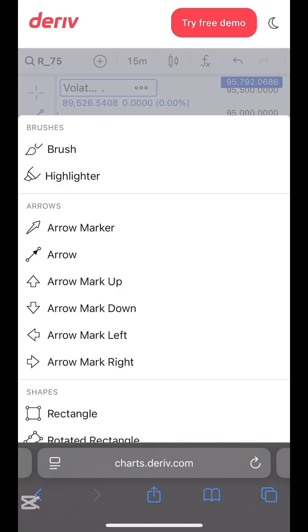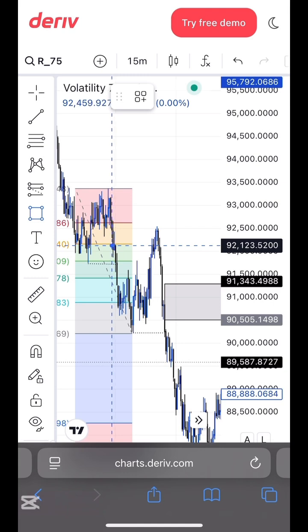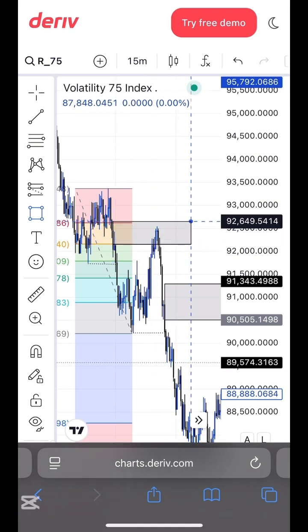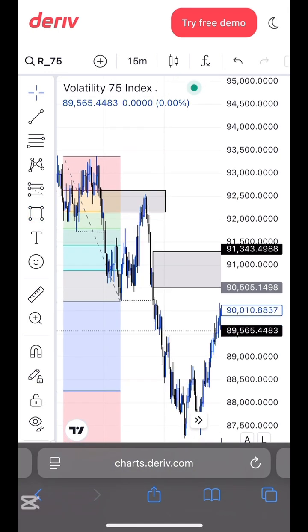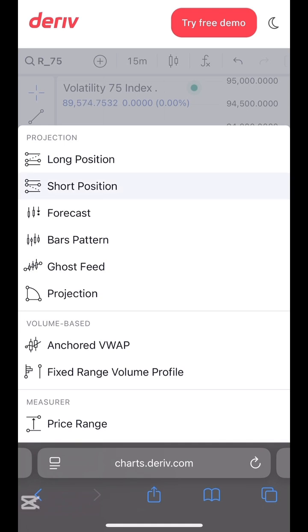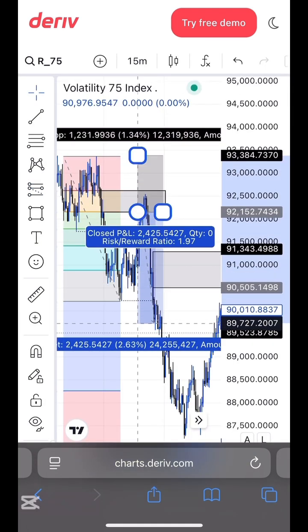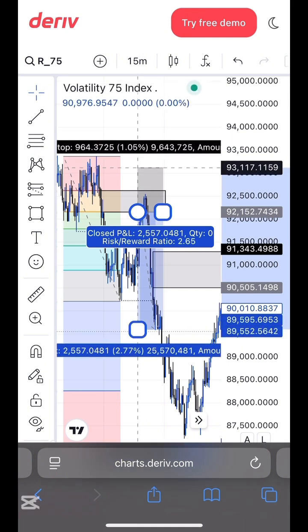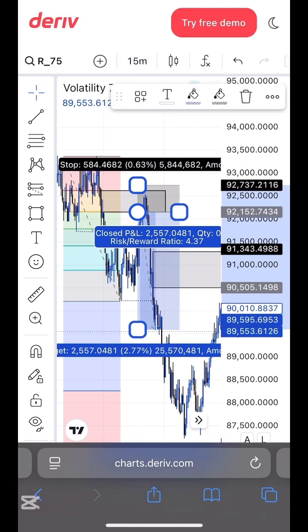So you then take your rectangle tool and then mark the zone out for entry. So this now becomes your short position. This now becomes your entry, and then you mark it. You target 1 to 4 risk to reward. Clean.